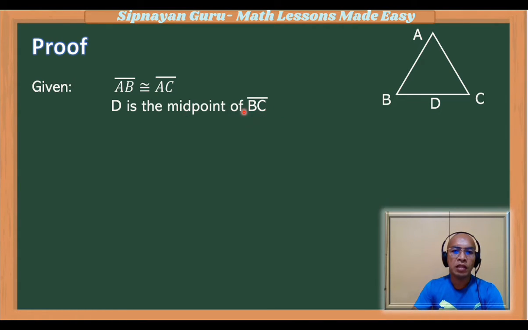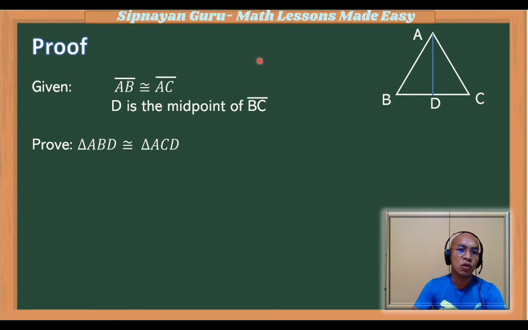So D is the midpoint of BC, so we can draw a median, from the vertex to the midpoint of the opposite side. Now we are asked to prove that triangle ABD is congruent to triangle ACD without actually measuring the parts of the triangle, by just using the postulate.